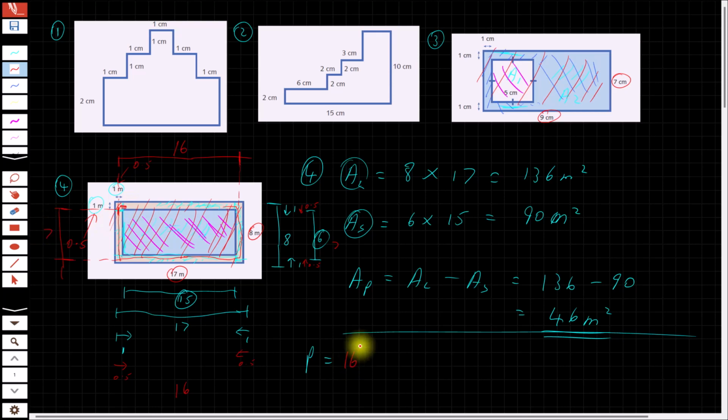So it's 16 plus 16, one there and one there, plus 7 plus 7, equals 32 plus 14, which equals 46 meters. So that is the perimeter. If we were to measure in the center of that shaded part all the way around, we would get 46 meters. So that completes this lesson on calculating the area and perimeter of different types of shapes.